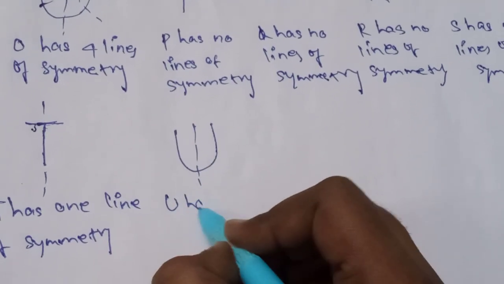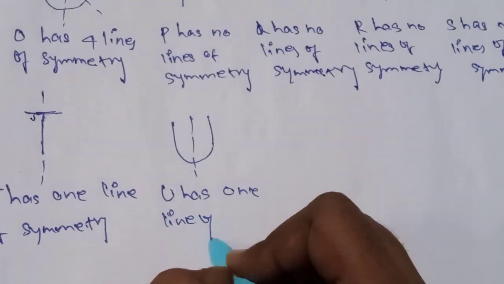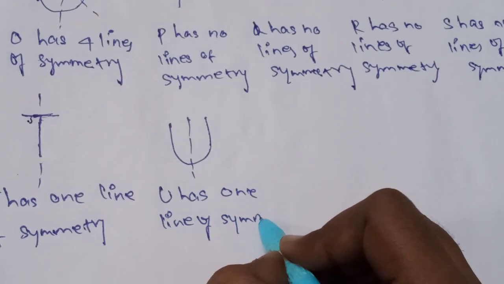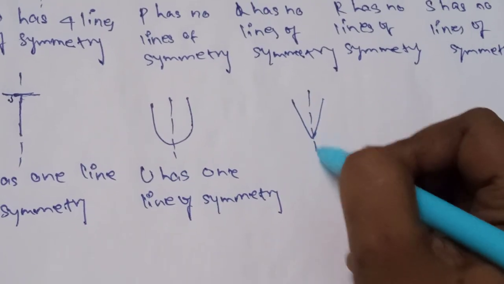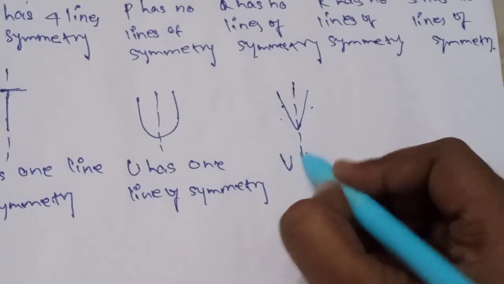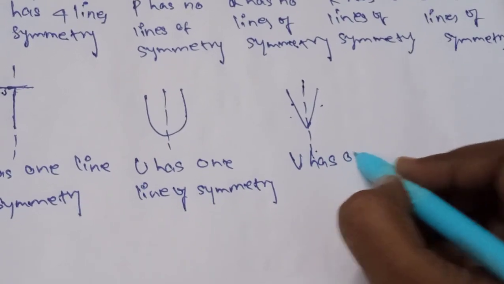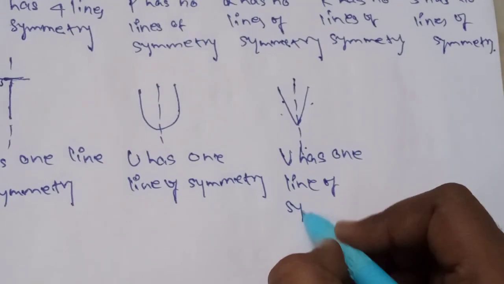So U has one line of symmetry. Next V also, we can divide it by center. So both sides are equal. So V has one line of symmetry.